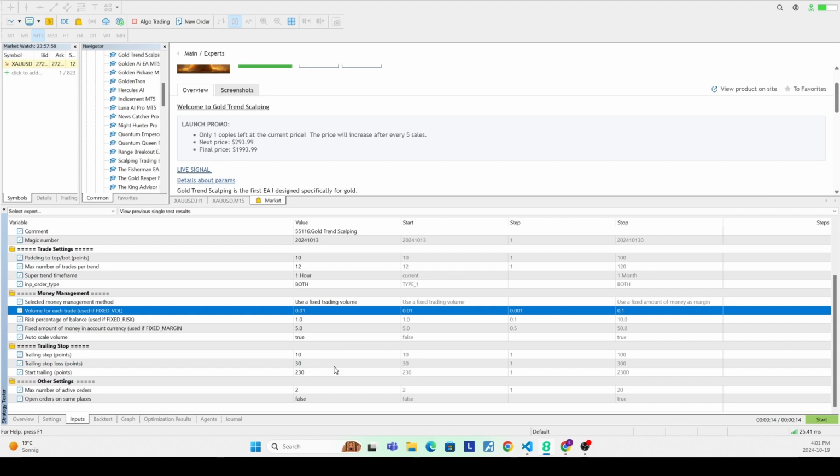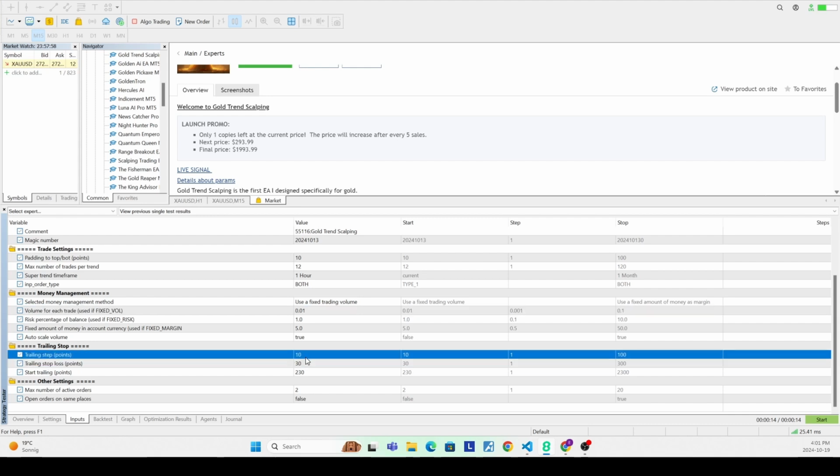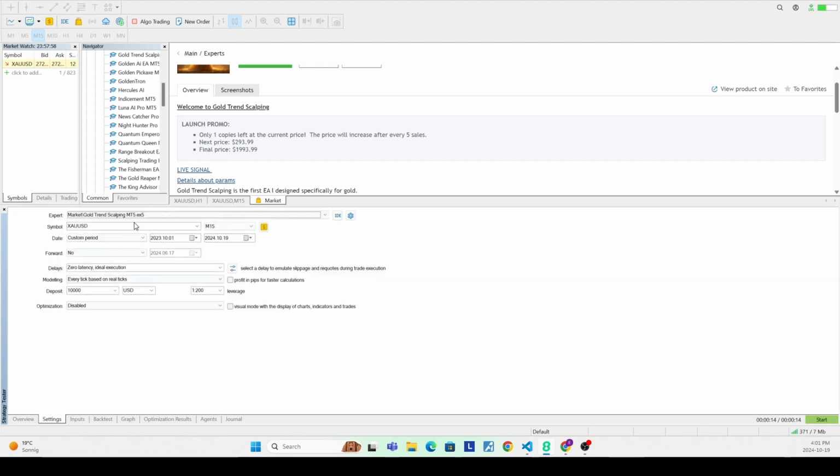And there's also a trailing stop loss area and a number of open orders area. So it doesn't give us a ton of idea so far on how the strategy works. However, it is showing us that it's using a trailing stop loss, which is consistent with the trend scalping approach mentioned earlier.